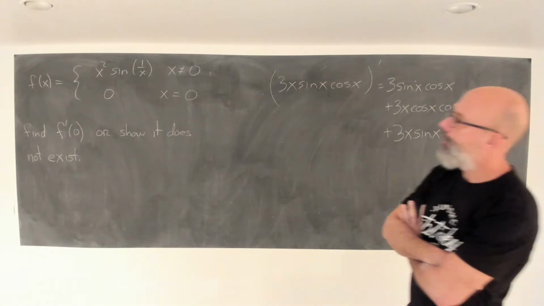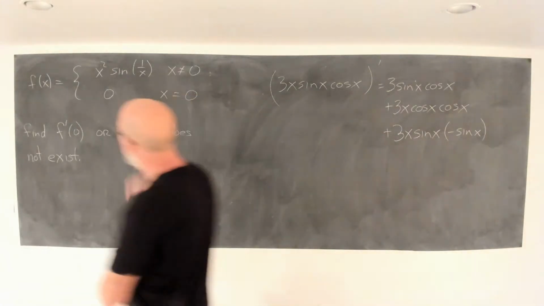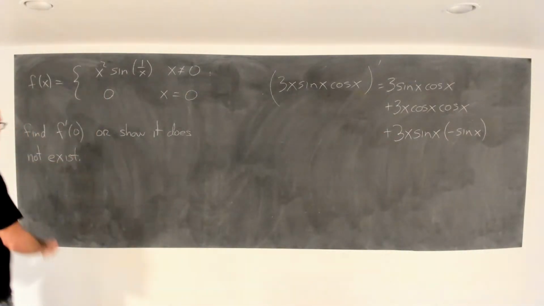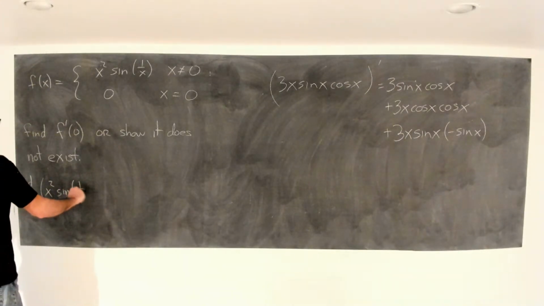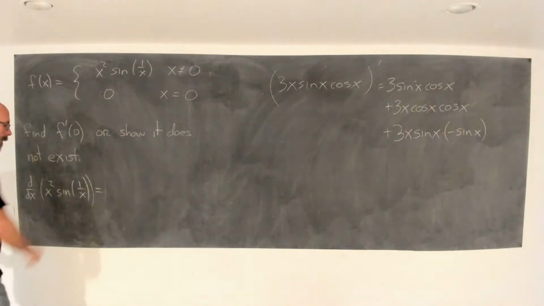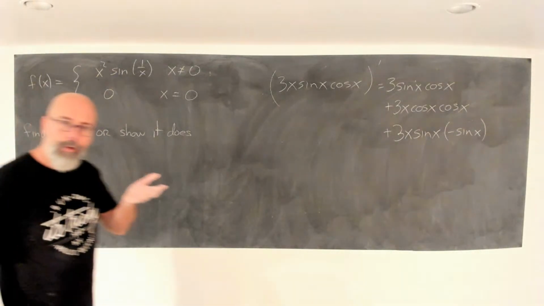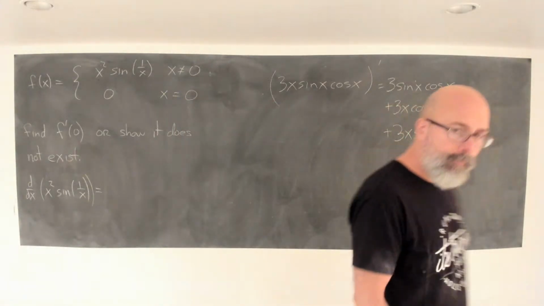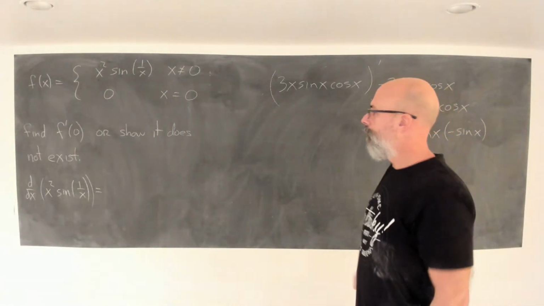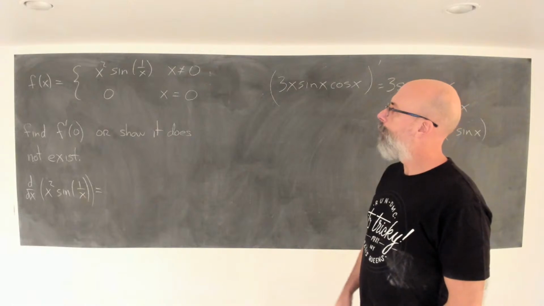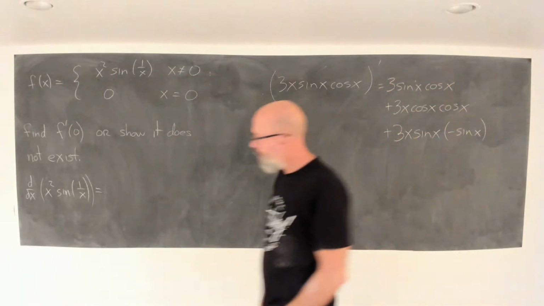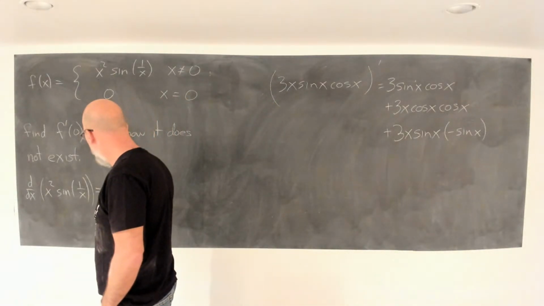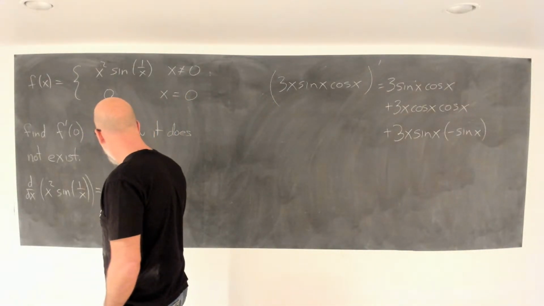Well, here's the thing. If you differentiate x squared sine 1 over x, you know what the derivative of that is, right? It's a product, so the product rule applies. Differentiate the first one, leaving the second one fixed.